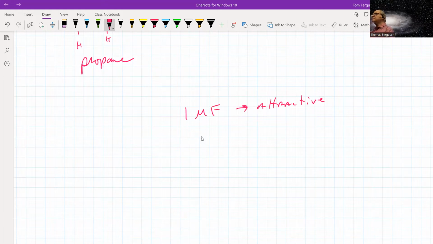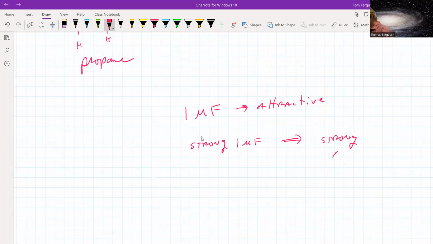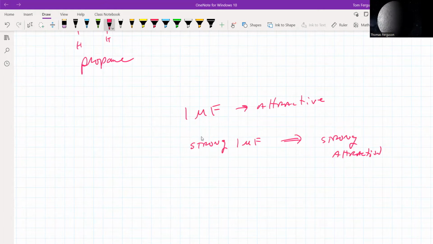Okay, so IMFs, period, no exceptions, are attracted to another molecule with IMFs. So if you have strong IMF, you have strong attraction. Conversely, weak IMF, weak attraction.